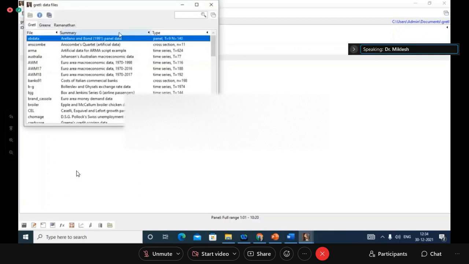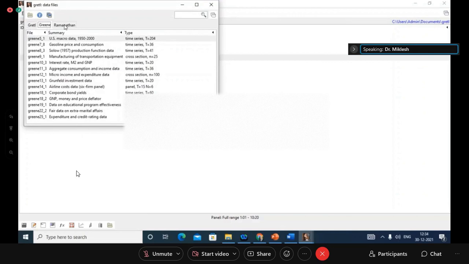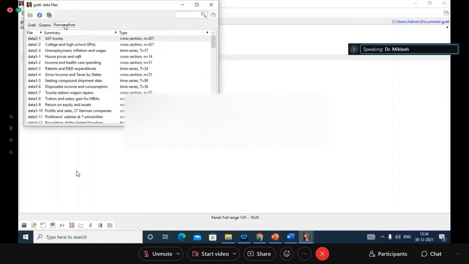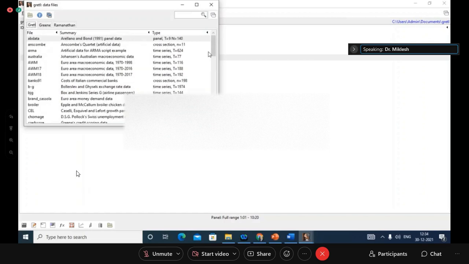The moment you click on sample file, there are three different options: the first one is Gretl, the second is Greene, and the third is Ramanathan. I click on Gretl. These are the data sets which have been used.